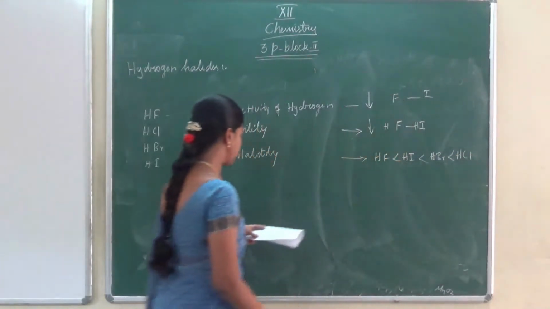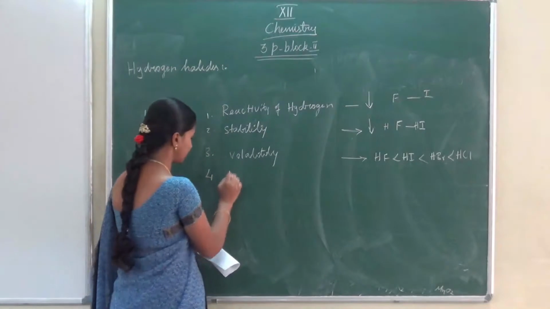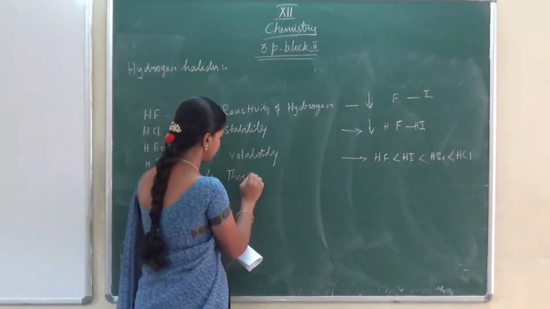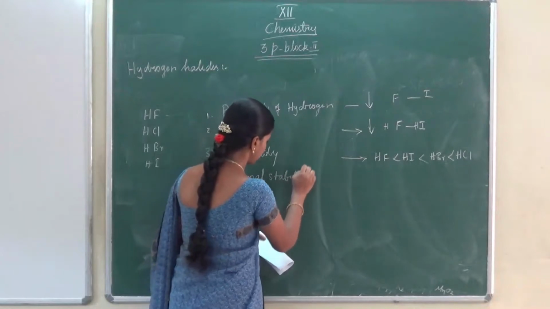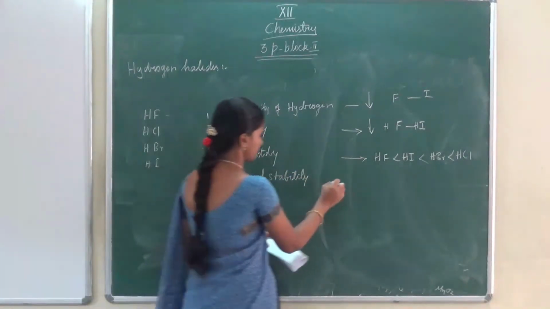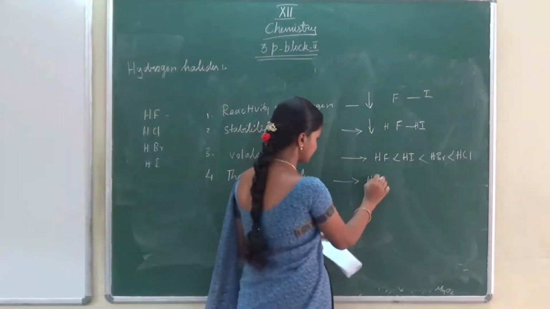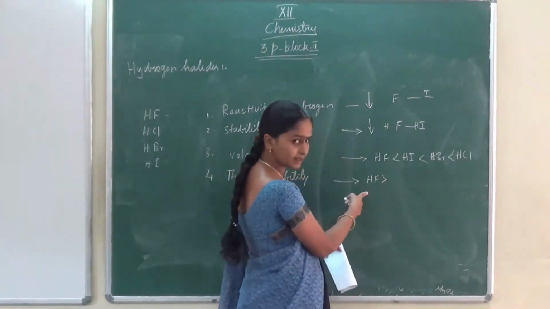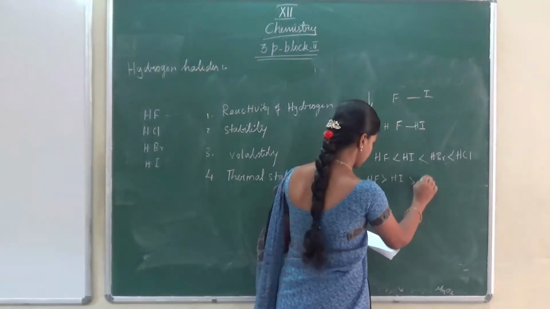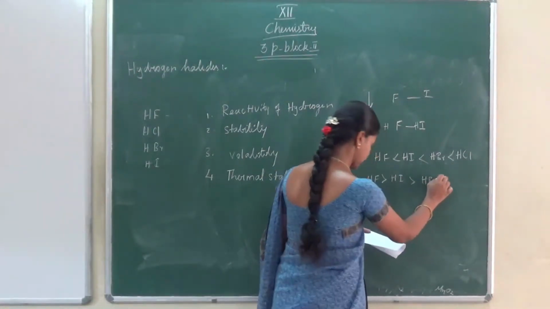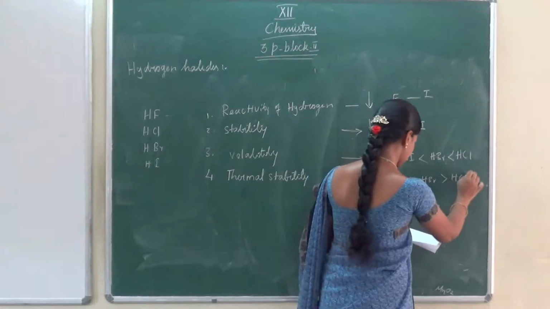Then thermal stability, in the order HF, then HI, then HBr, then HCl.